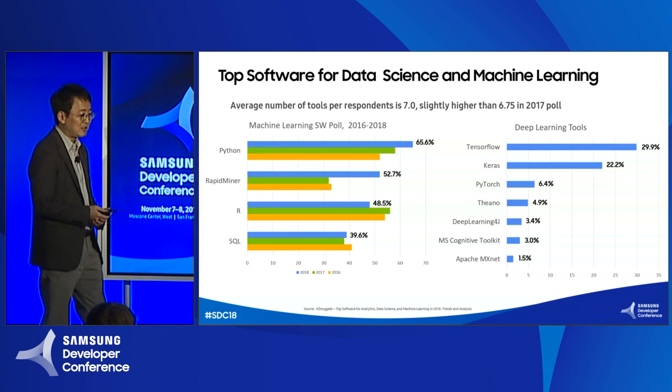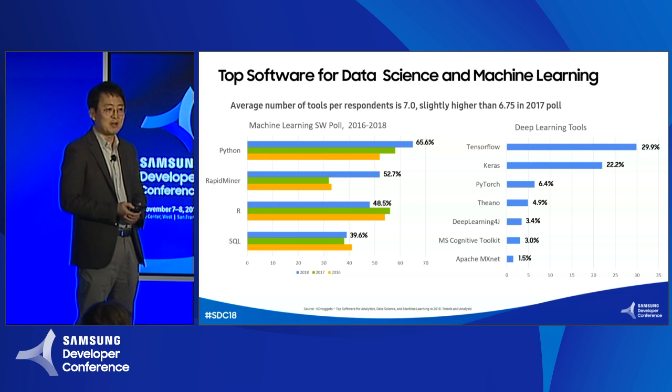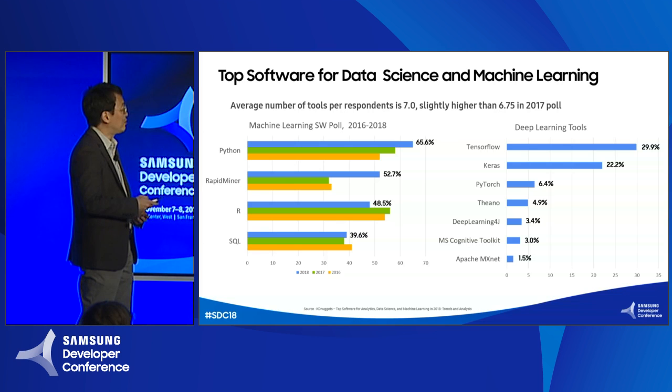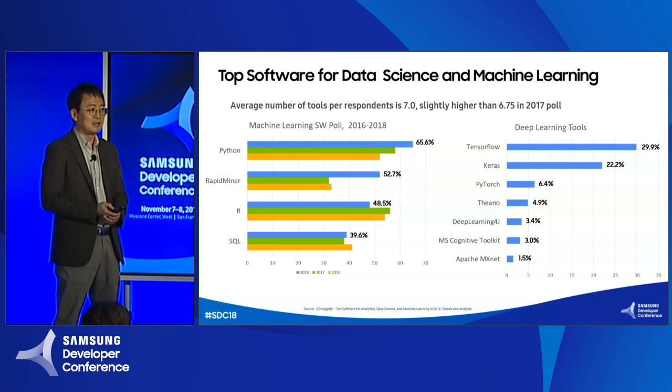Another thing that you can notice is that TensorFlow and Keras, these deep learning frameworks, are gaining popularity. You also want to learn about these, because if you know how to use TensorFlow and Keras, then when you try to build a machine learning model, you can first try regression and classification like a traditional machine learning model.